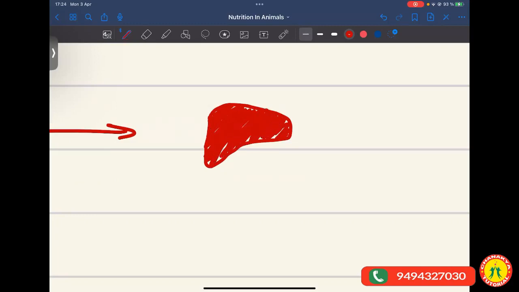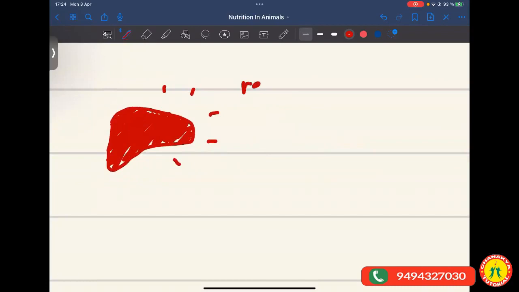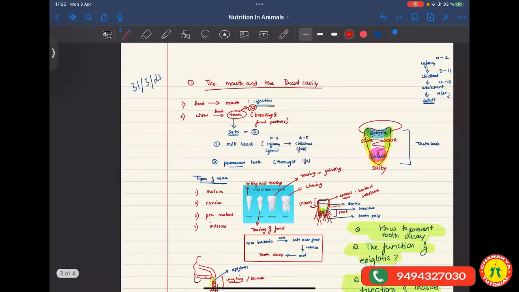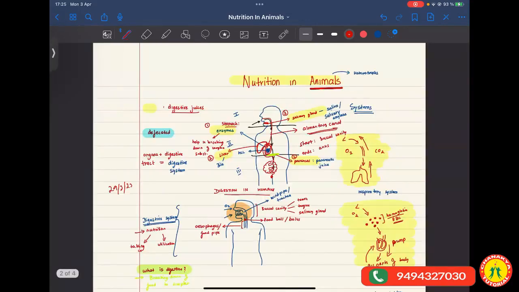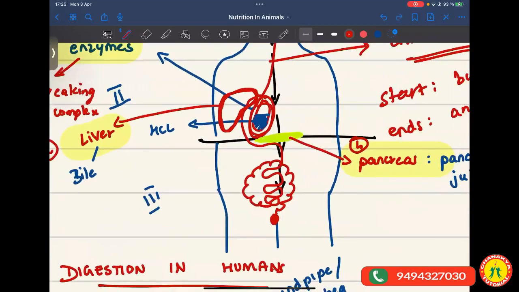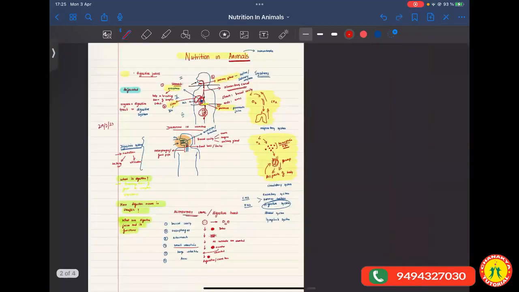This liver is a reddish brown gland. Reddish brown is the color of the liver basically. And it is located at the upper side of the stomach, as I already drew in the beginning and showed it to you. It's located in the upper side of the stomach, which is over here. You can see the liver over there.